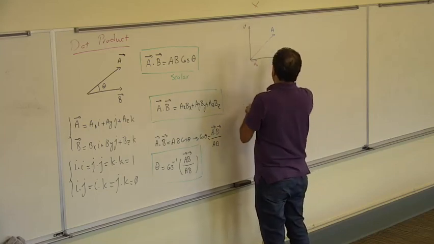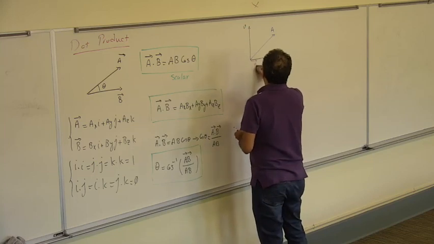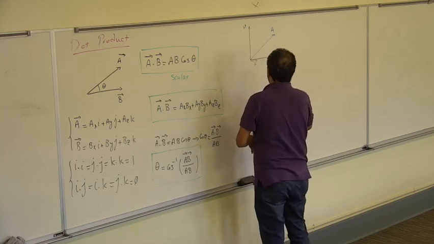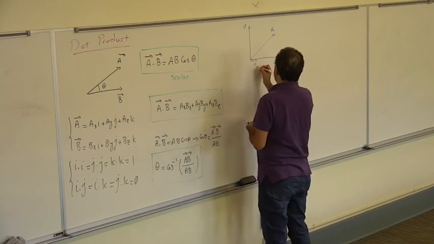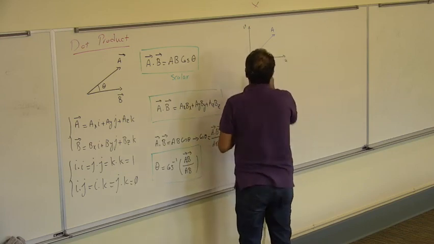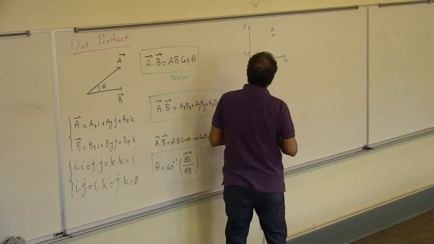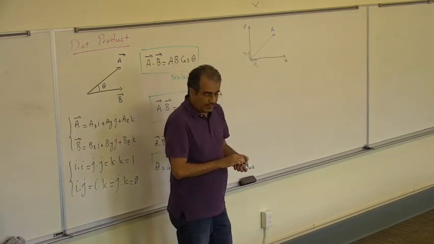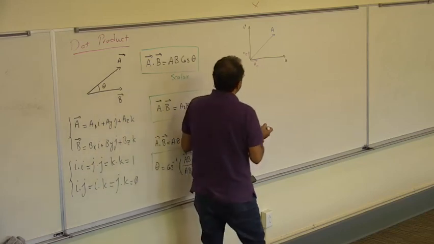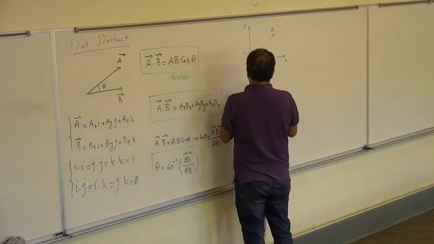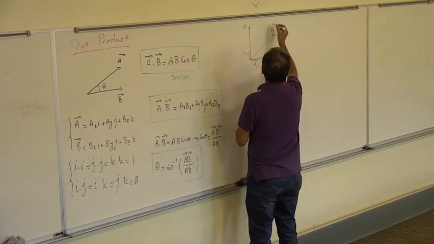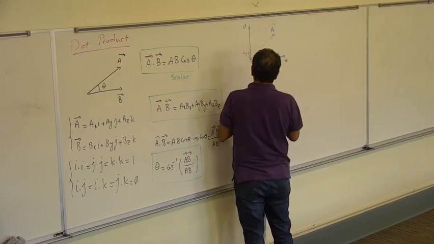Any two axes that are perpendicular to each other. Then I have a unit vector u along the u axis, and there's going to be a unit vector along the v axis. If I write A dot u, what does it give me?